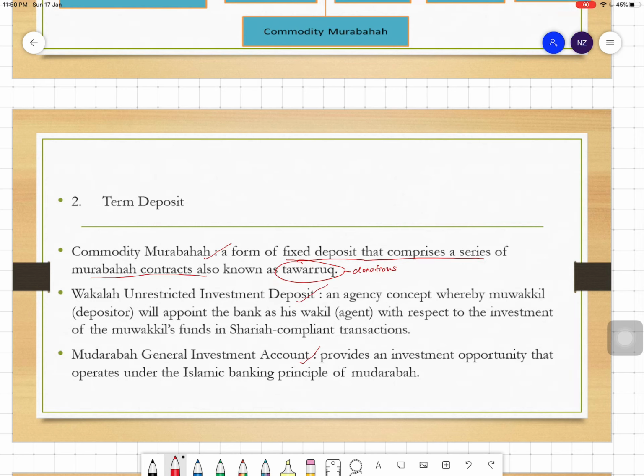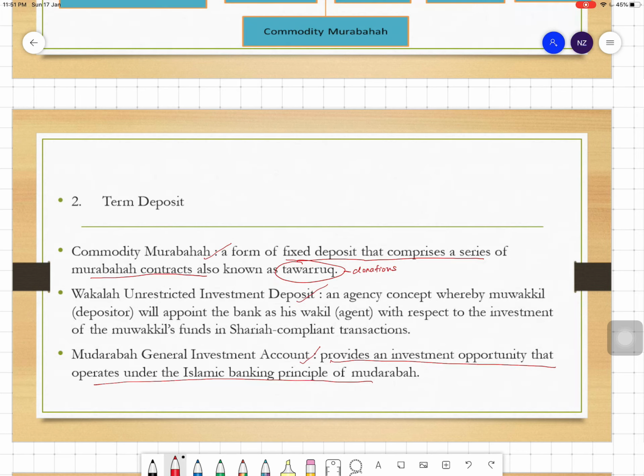And the term Mudharabah General Investment Account ni is when they provide an investment opportunity that operates under Islamic banking principles of Mudharabah. So it is an account yang give investment opportunity for Rabbul Mal and Mudarib tadilah, probably untuk dia orang nak exchange the profit using this account. Okay, boleh lah. That one is term deposit.